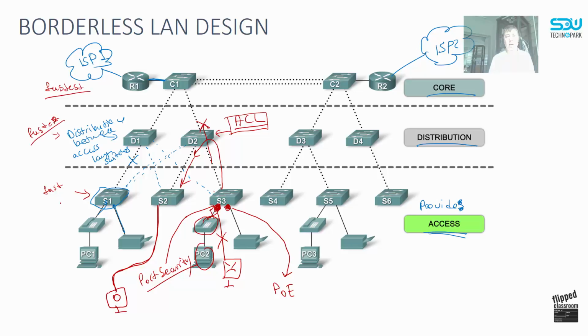And if you take a look at models of these switches, it can be Catalyst 2960 for the access layer. Here you may have a layer 3 switch 3560, and here you may have a 4500 switch which can work as the core layer switch.